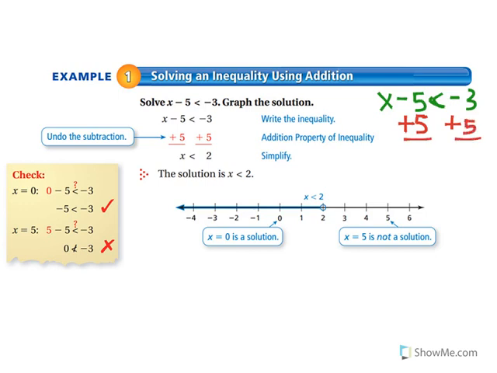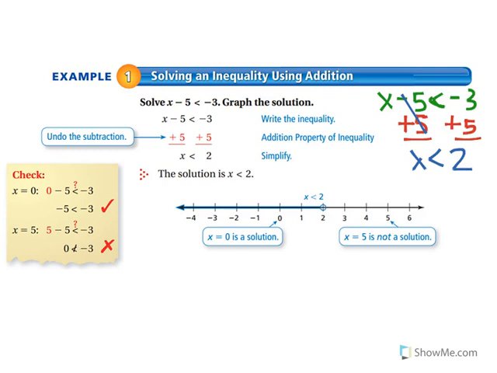So this minus 5 and plus 5 cancel out, leaving us with x is less than, and negative 3 plus 5 leaves us with a 2. So my solution set would be x is less than 2, which tells me all numbers less than 2 would be a solution that would satisfy this inequality.